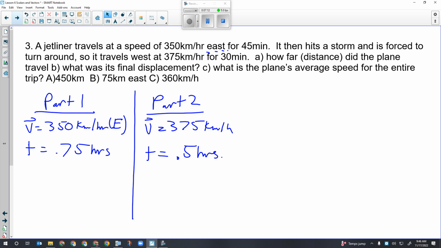Okay, so what do I have to find for each part right now? Yeah, I got to find the distance or displacement for each of these parts here. So V equals d over t, so that means I'm going to multiply both sides by t, bring it over here, so d will equal 350 times 0.75.